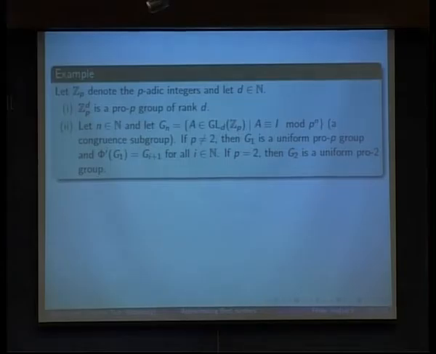Then if p is not equal to 2, G1 will actually be a uniform pro-p group, and the Frattini subgroups here will just be these congruence subgroups, the matrices congruent to the identity mod p to the i for i equals 1, 2, 3, etc. And if p equals 2, then you can't quite do it with G1, you have to do it with G2.